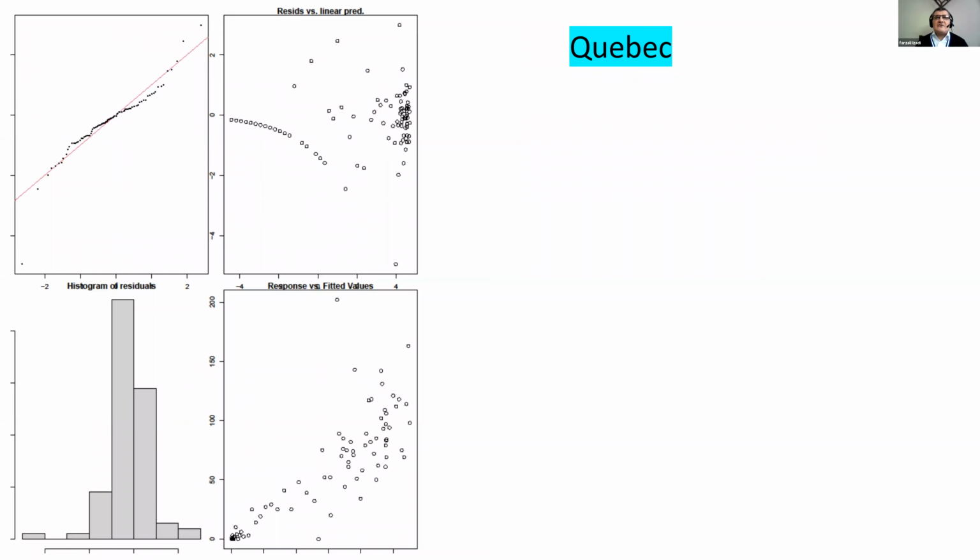This is also the QQ plot and histogram. The QQ plot is on the red line. The histogram is symmetric around x equal to 0. The top right is symmetric with respect to y equal to 0. And the bottom left should be symmetric around y equal to x, but it is not, compared to the Canada case.